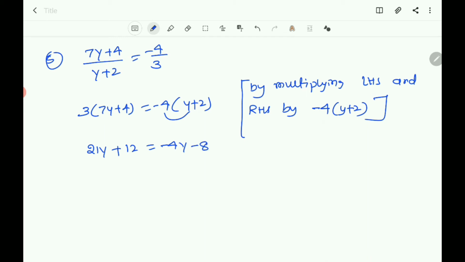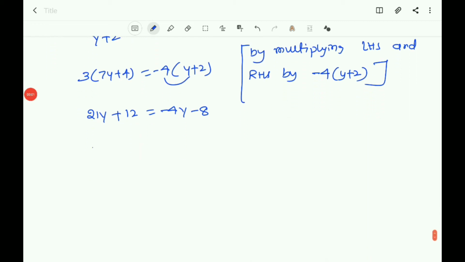Next, here we have to transfer -4y to the LHS and 12 to the RHS. That is 21y + 4y, transferring -4y to the LHS it becomes +4y, and it is equal to -8 - 12, which becomes -20 here.